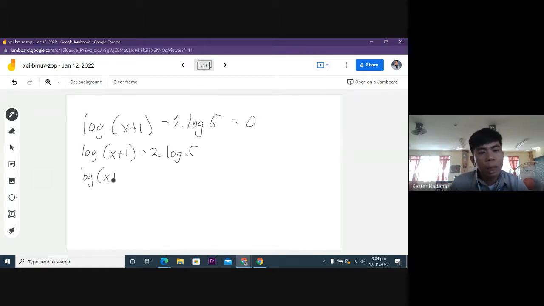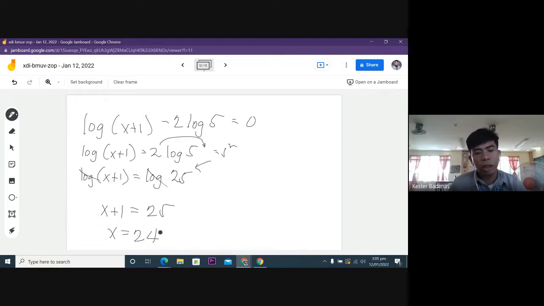So, we have x plus 1 is equal to logarithm of 5 squared, magiging 25. Kasi angat natin dun, so we have 5 squared. So, magiging 25 na siya. Okay? So, cancel. X plus 1 is equal to 25. Lipat si 1, x is 24.